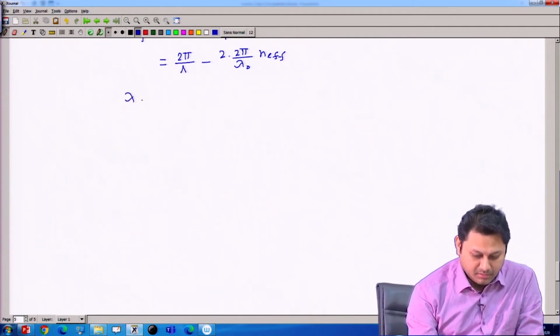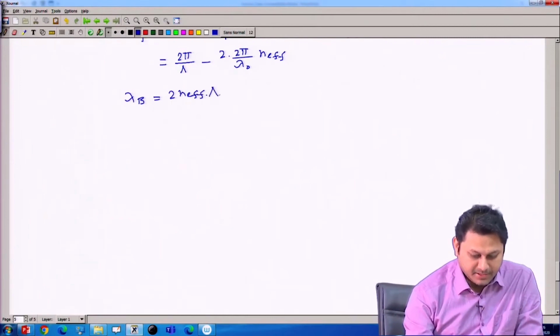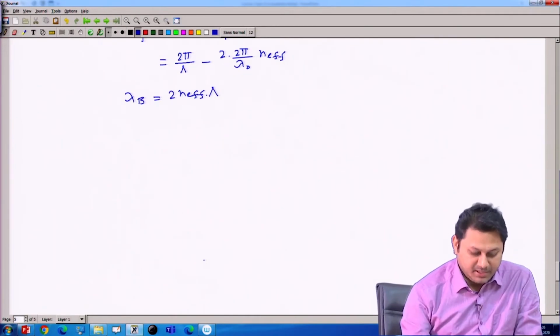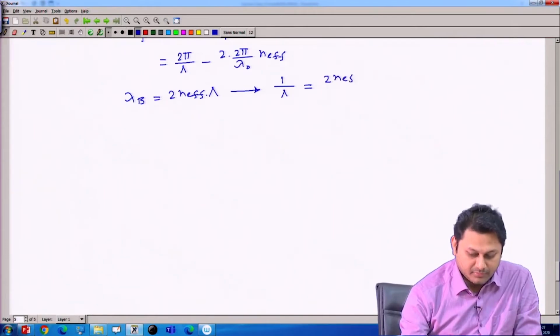Lambda b, we know, is equal to 2 n effective multiplied by the grating period lambda. So from here 1 by the grating period is simply 2 n effective divided by lambda b.